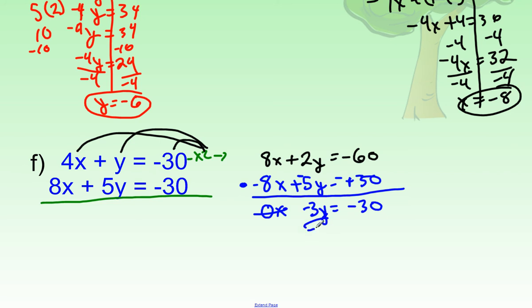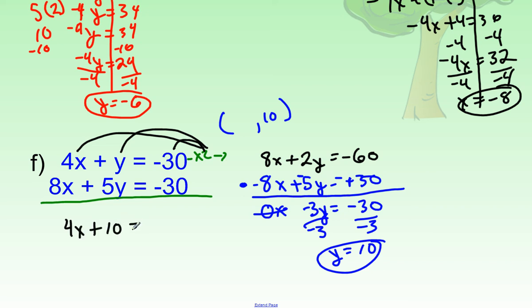And divide by -3, divide by -3, y equals +10. So I have a y value of 10. To find the x value, I need to plug that into one of my other equations. I'm going to use the top one because the numbers are smaller. So 4x plus 10 equals -30.